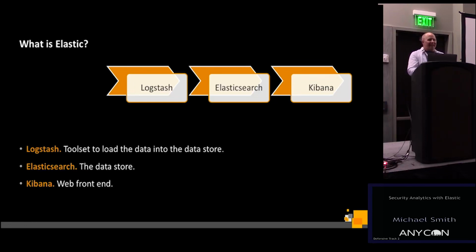The problem is that LEK is just not a very cool name, right? So we had to name it ELK because there's joy in that, because that's an animal. But really, you load the data, you have the data, you use a web front end to access the data. That's how the tool works. And most of you already knew it.